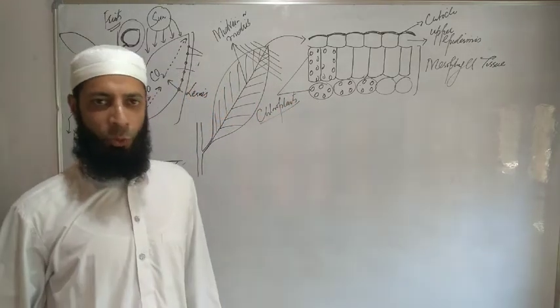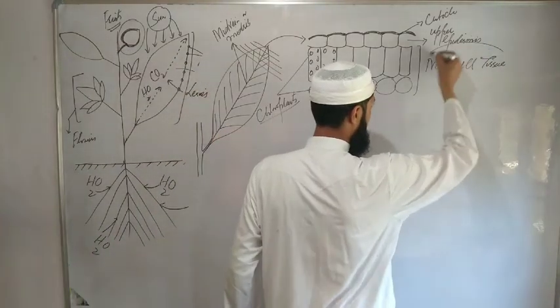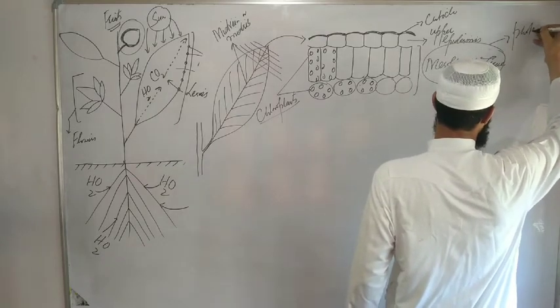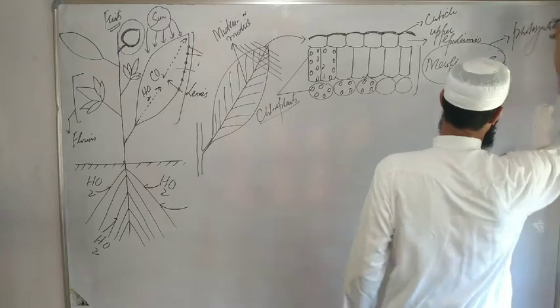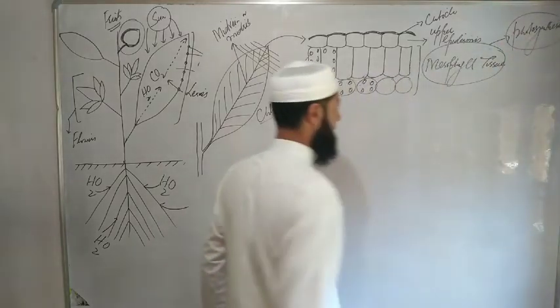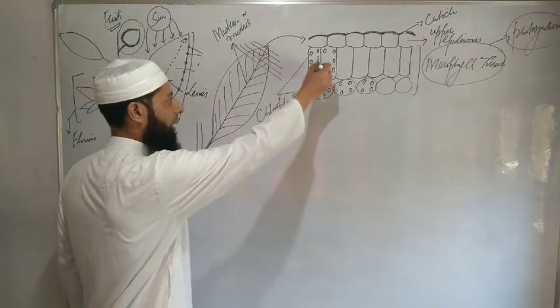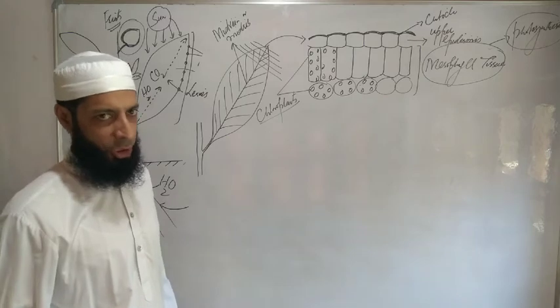And mesophyll tissue is the tissue in leaves where photosynthesis occurs. That means in a leaf you have only one tissue, that is mesophyll tissue, where photosynthesis occurs.